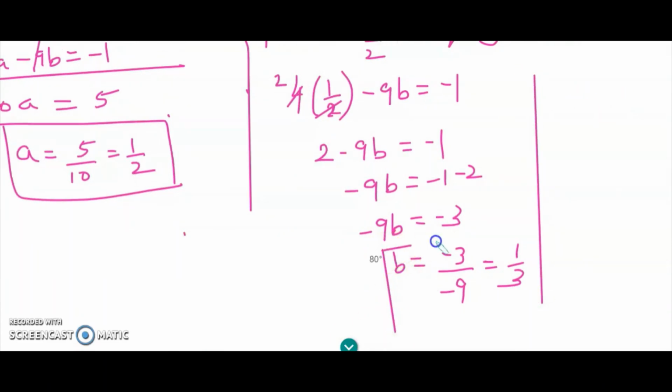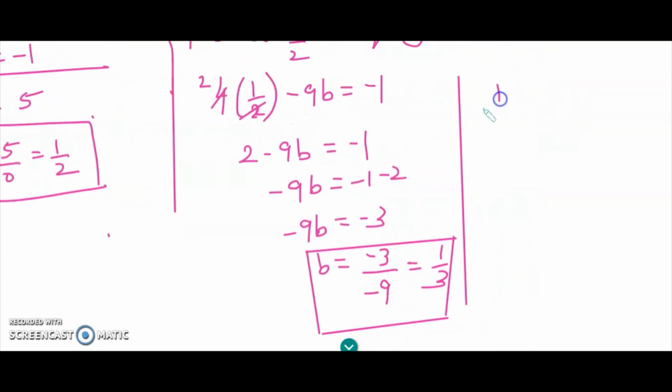Okay. So now what we need to do? We got a and we got b. So we just have to find x and y. But this time it's root x and root y. So we'll say 1 upon root x equals a. So that means 1 upon root x equals half. Cross multiply, so 2 goes up and root x goes up. If I want to remove the root x, I have to square it.